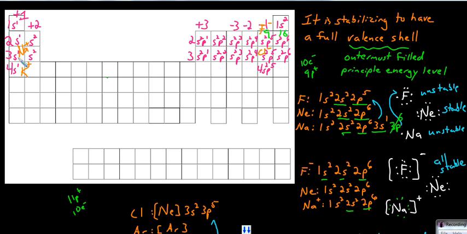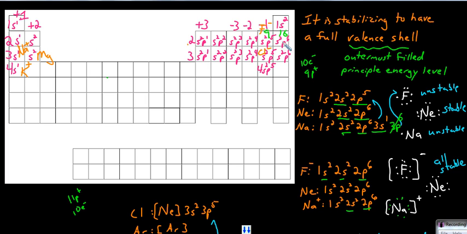But what about elements in group 2A? They end in S2. To get a noble gas configuration, for example for magnesium, to be just like neon, we need to lose 2 electrons.